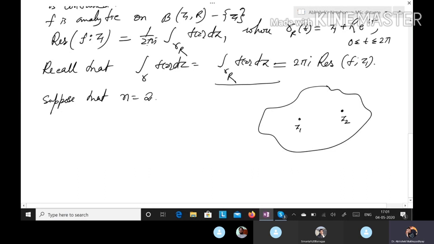So we can define two radii for which their closed balls centered at z1 and centered at z2 are distinct. Since the space is a T2 space, that is, any two distinct points can be separated by open sets.